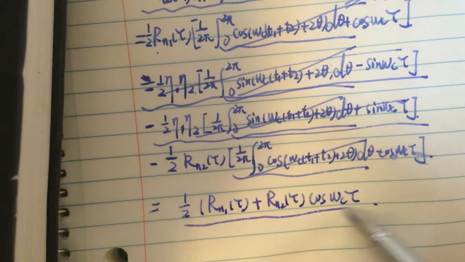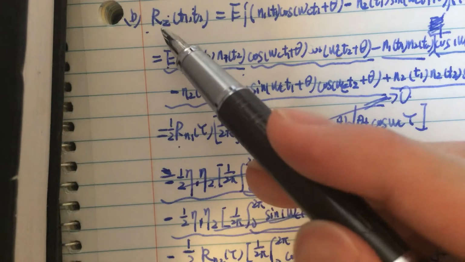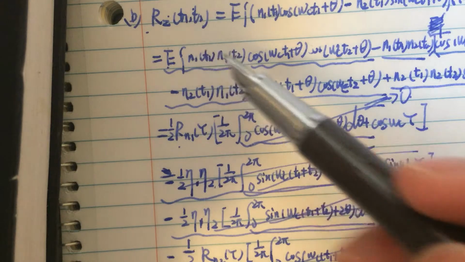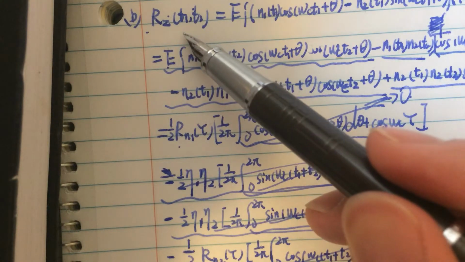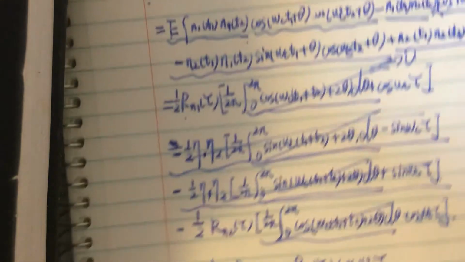So according to this, we know that the autocorrelation of Z(t) is a WSS process.